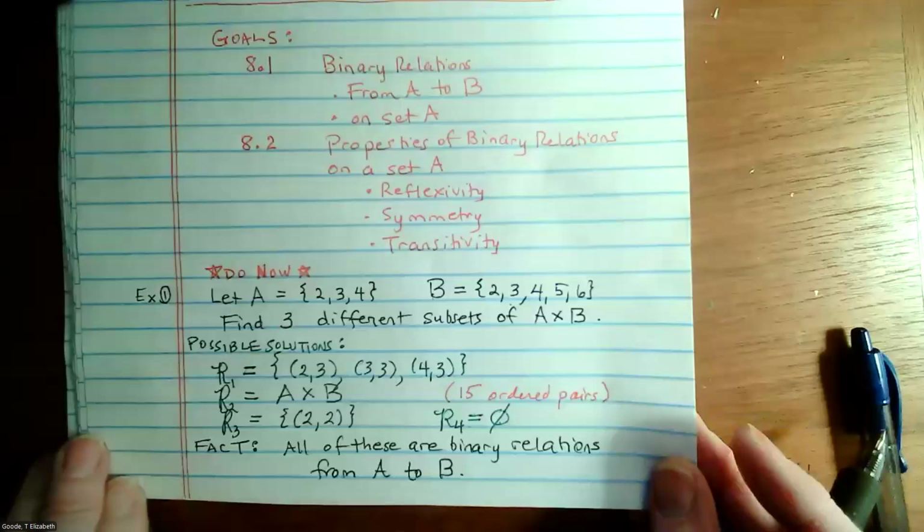So let's get our definition now that we've warmed up a little bit. So we'll just get the definition of a binary relation from A to B. Here's the definition.